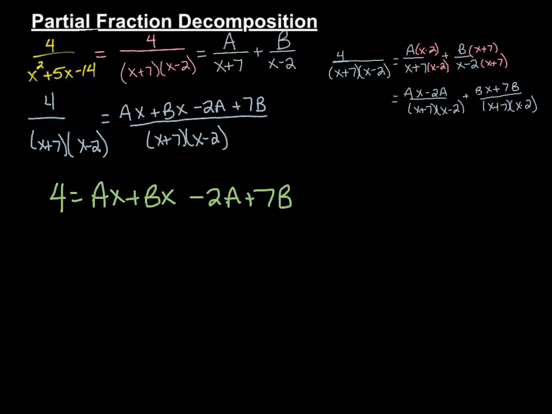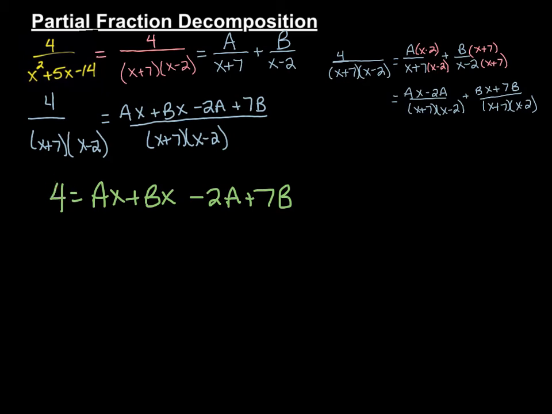So now we're left with, I rearranged these a little bit so I have more room, 4 equals ax plus bx minus 2a plus 7b. These coefficients represent the x term of this side of the equation, and these two numbers represent the constants of this side of the equation.